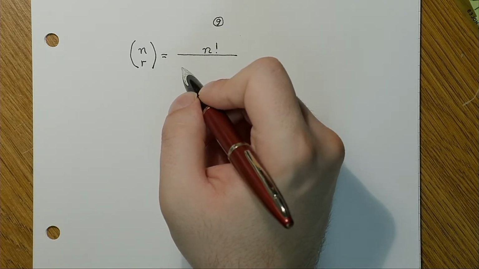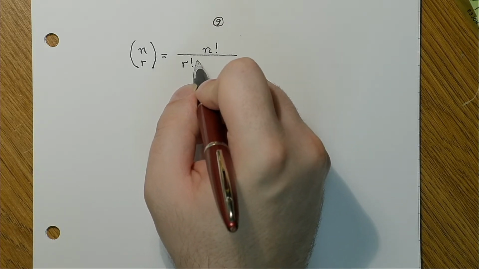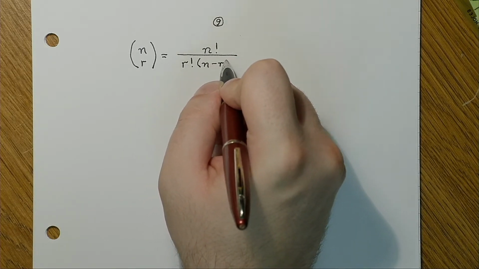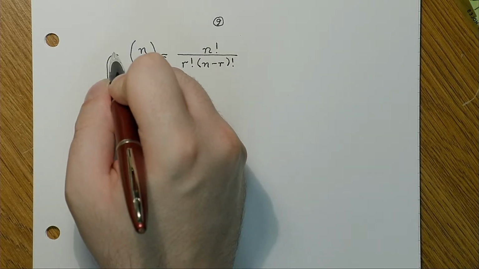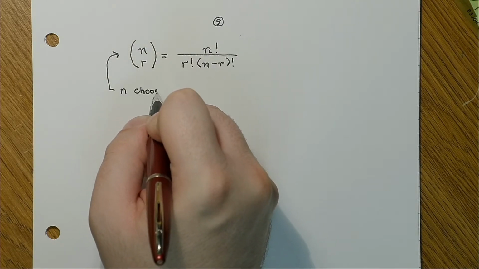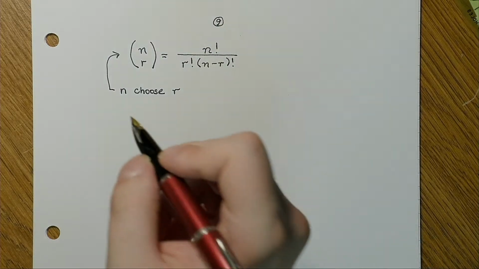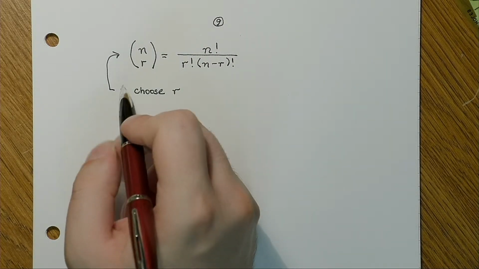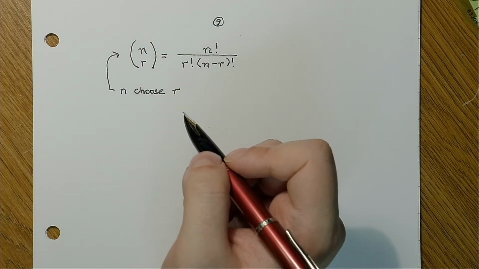I'll make sure that I do it right. So that's n choose r. And that's the number of ways that I can, from n distinct objects, choose r many of them.